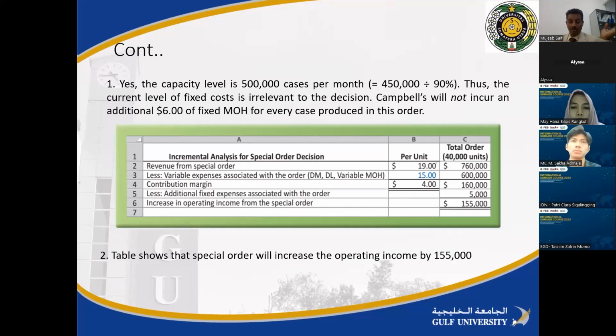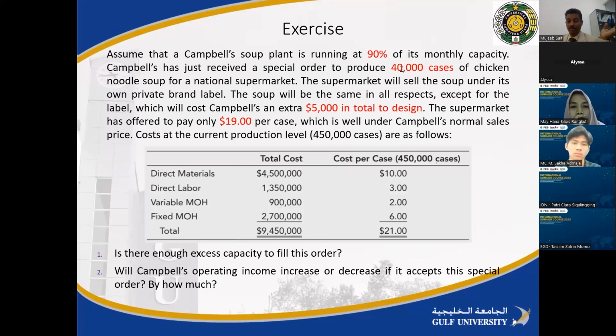How about the cost? Definitely, if we sell these units to the customer, we have to pay variable cost, but fixed cost for this special order will not apply because we have capacity.